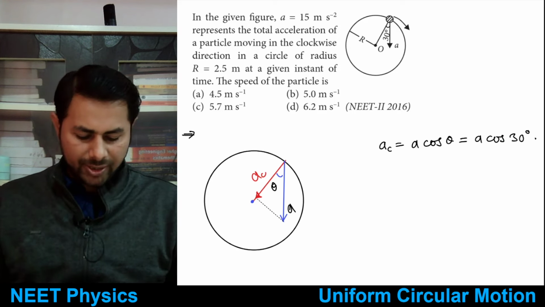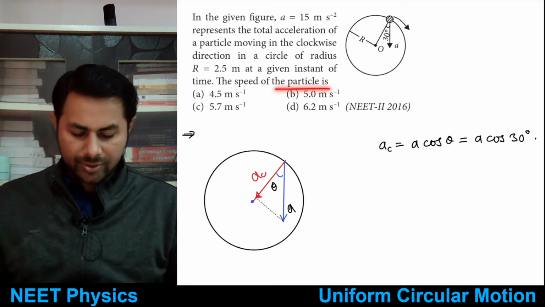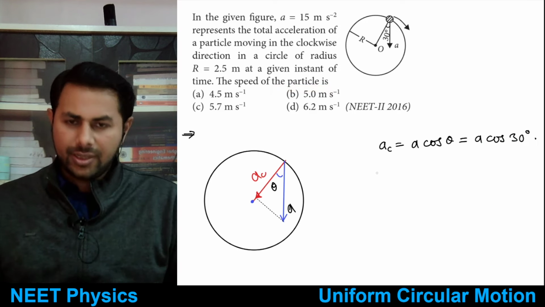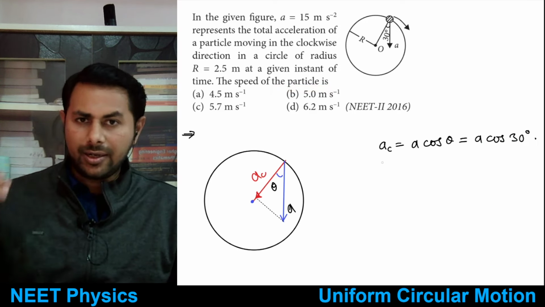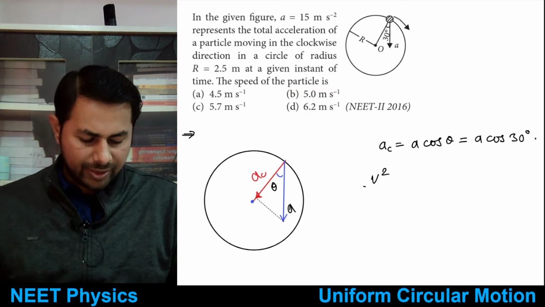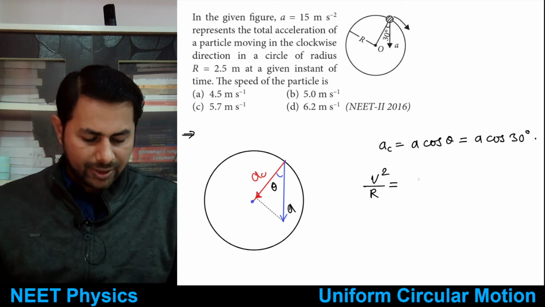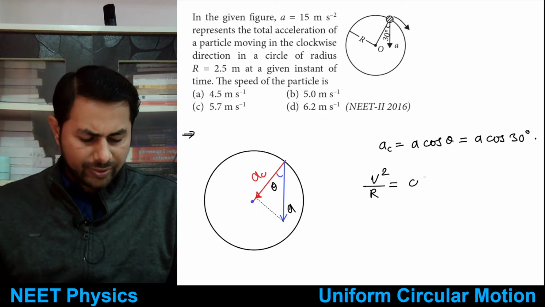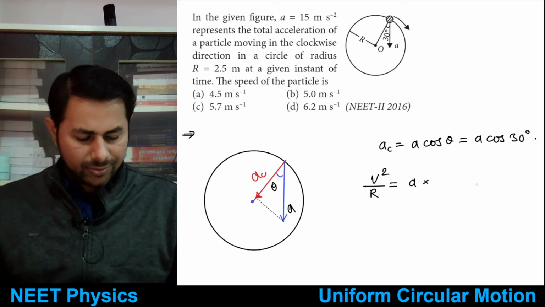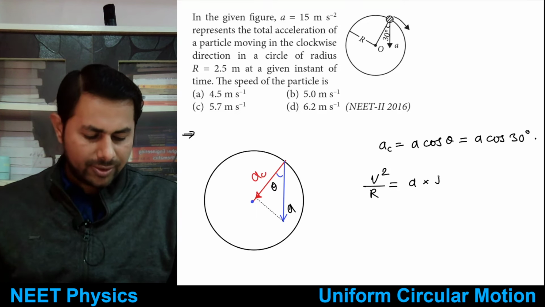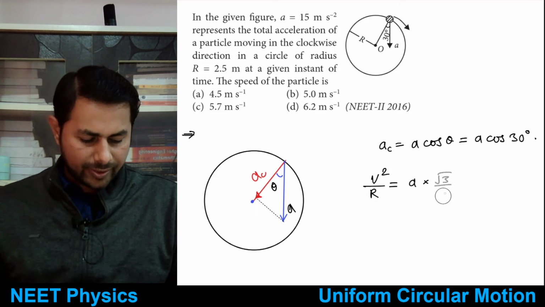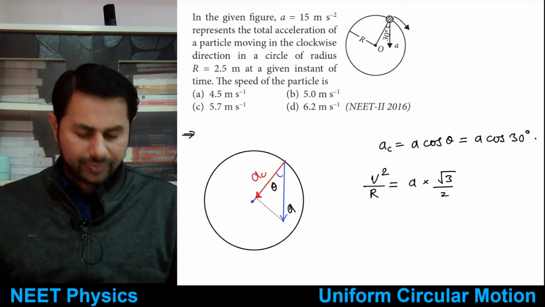Now, it is very simple. Speed is asked. So, what is centripetal acceleration? It is just V square divided by R. They have taken capital R, so I will also take capital R. So, that is equal to A cos 30. What is cos 30? Root 3 by 2. Yeah, root 3 by 2.